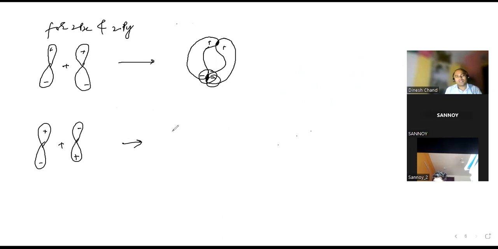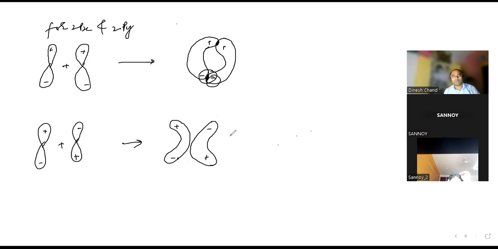Here you see, in this case, what will be there? This is the repulsion. They are formed by repulsion, because more energy means high repulsion. How are they forming? Here is a plus and a minus. Sir, at the middle, will they be touching or not touching? They may be touching, or they may not be touching. There is not much information about that.